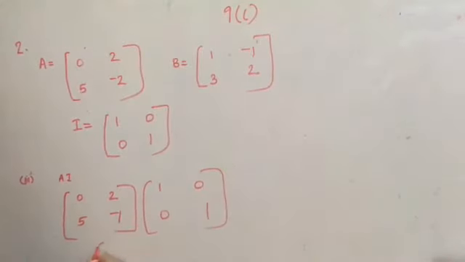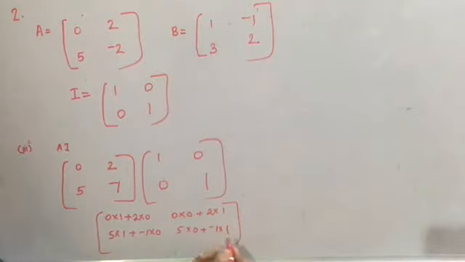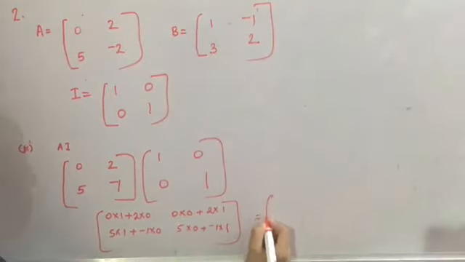So again, 0 into 1 plus 2 into 0. 0 into 0 plus 2 into 1. 5 into 1 plus -1 into 0. 5 into 0 plus -1 into 1. So what do you get?